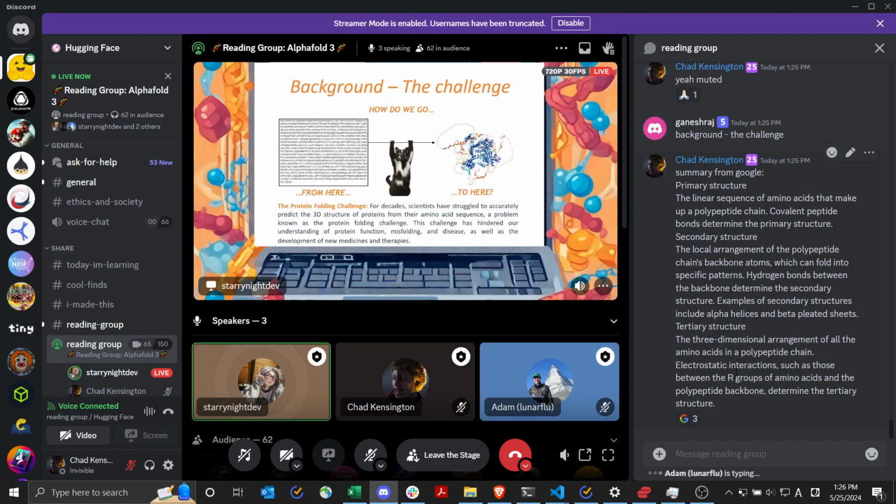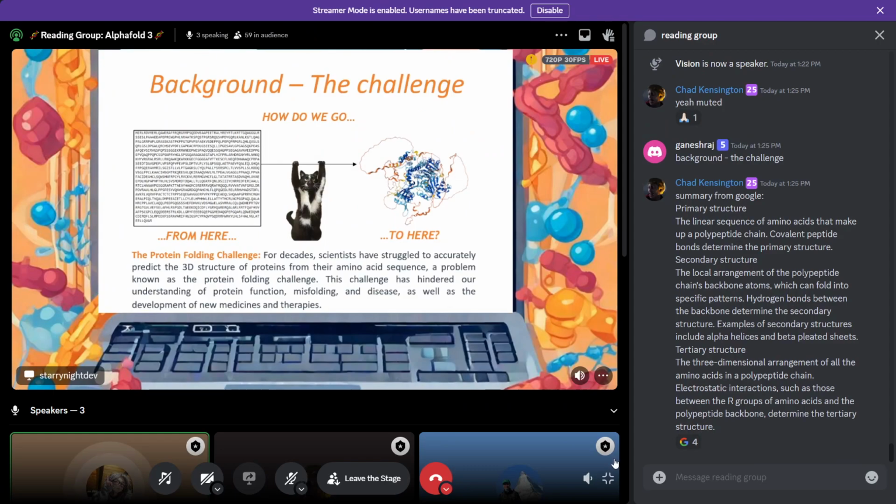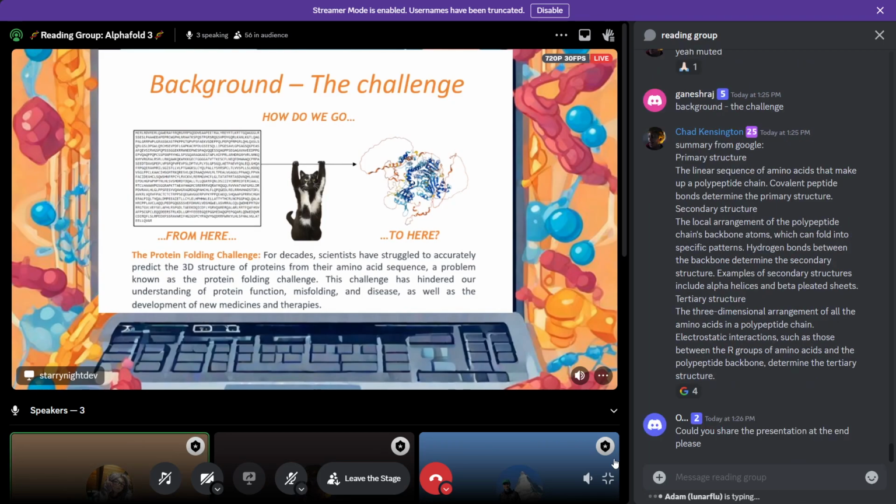And this was a big problem because we need to know how a protein is structured, for example, to design drugs, vaccines, or targeted treatments for cellular diseases. Whatever drug you've taken in your whole life has probably interacted with proteins in your cells.